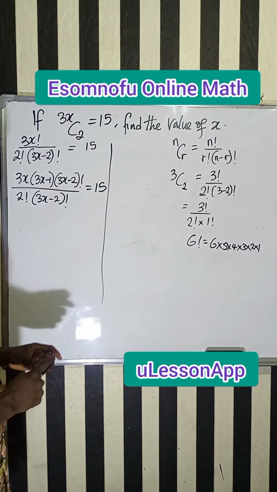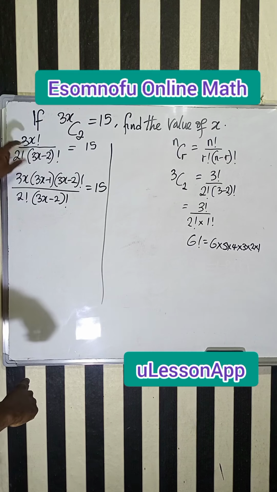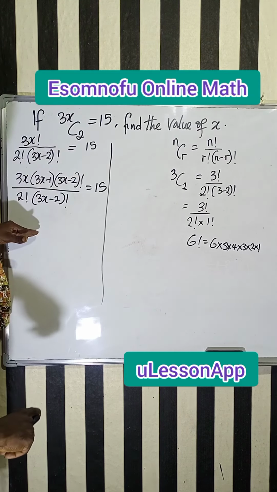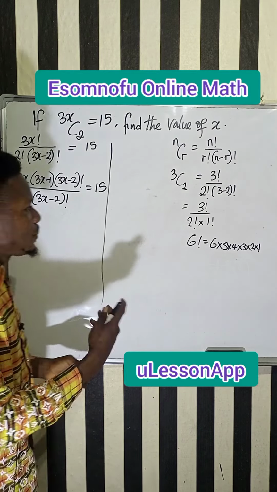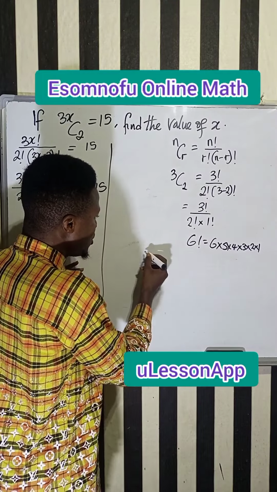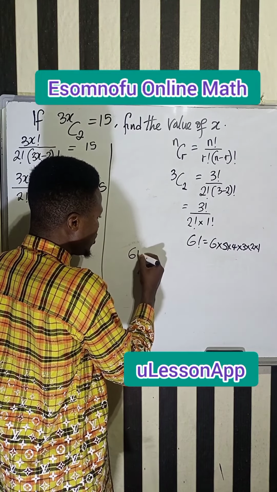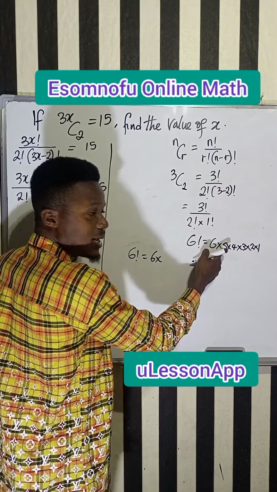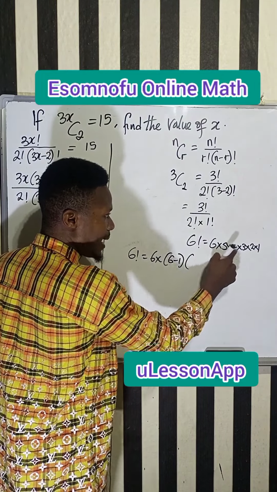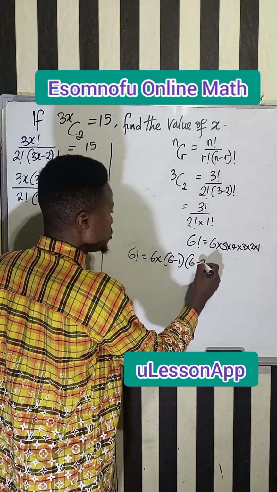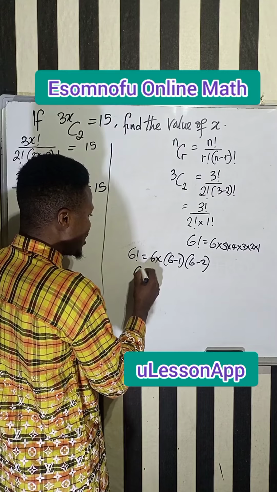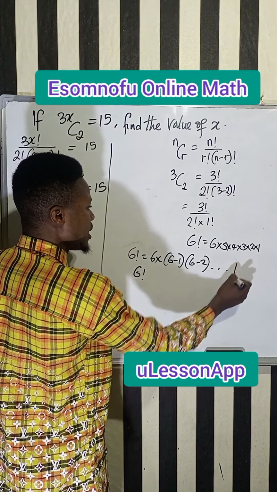Now look at what happened there. I want to get something that looks like 3x minus 2 in the numerator so that they can cancel out. The factorial is the product of a number and other numbers before it, apart from 0. You notice that 6 factorial that I did here is equal to 6 times 5. How did I get this 5? I called it 6 minus 1. How did I get 4? It will be 6 minus 2. How did I get 3? It will be 6 minus 3, etc. Hence, 6 factorial gave us 6 times 5 times 4 till you get to 1.